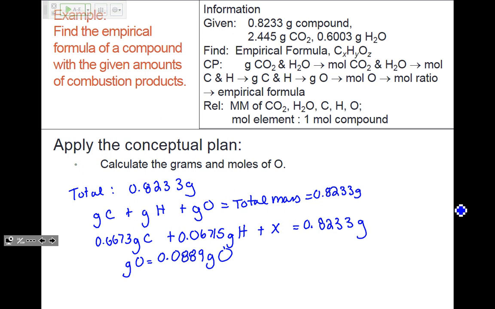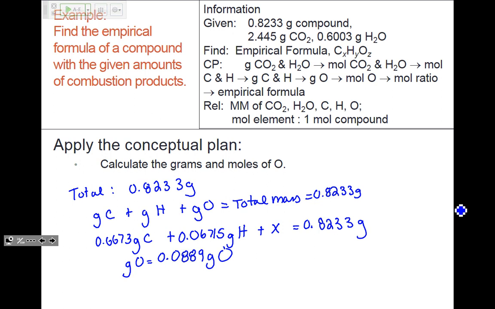If this plus this equals more than what you started with, you did something wrong somewhere else, and you can go back and check, because we shouldn't have more carbon and hydrogen than our total compound. So there are a couple of places along the way where you can say, I got lost somewhere, I've got to go back. This plus this should be a smaller number than our total.